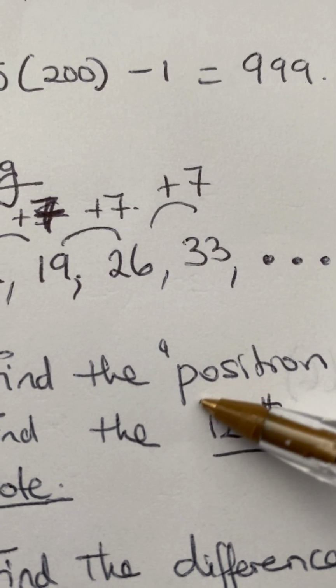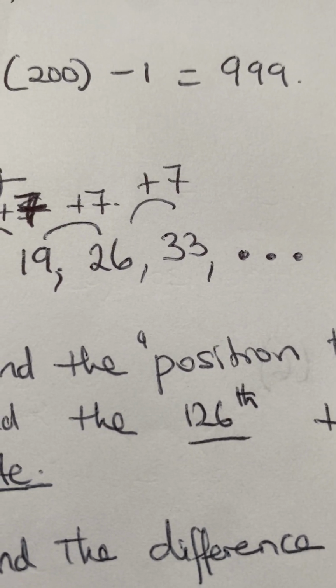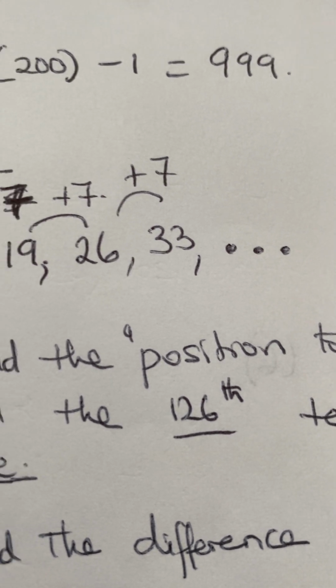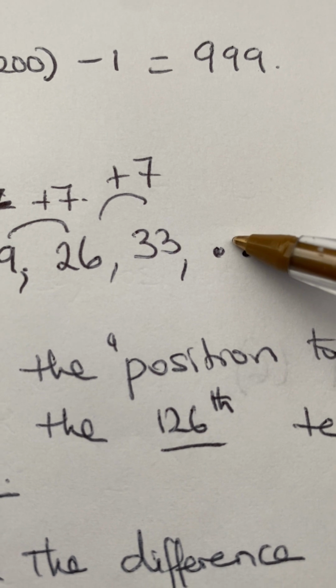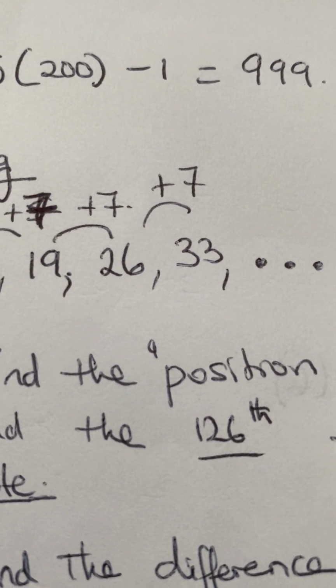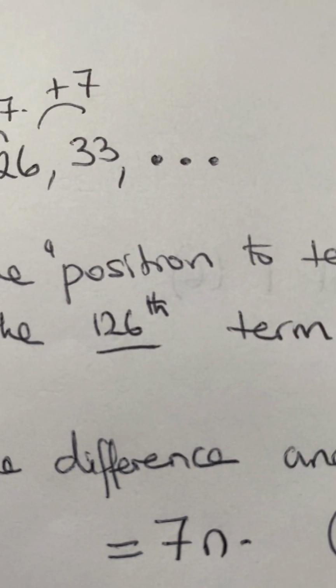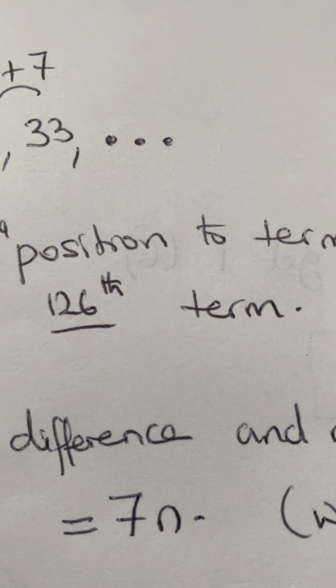We want to find the 126th term. So there is a difference. We multiply by n, because there's an increment of 7. So 7n. What do we do to 7n to get 12? We add 5. So that's how we got 7n plus 5.